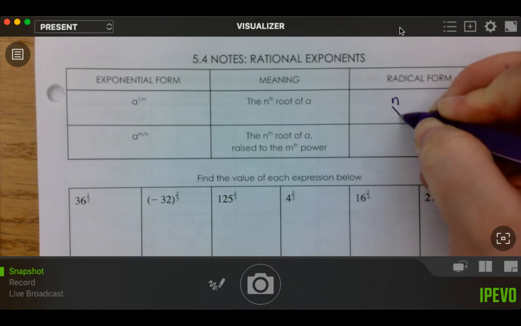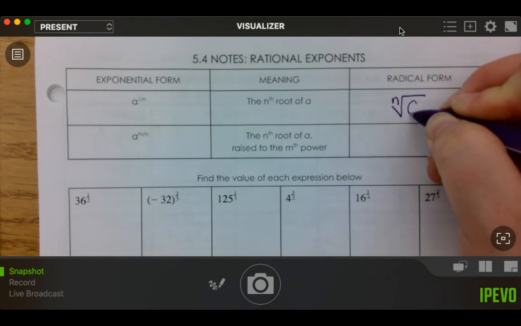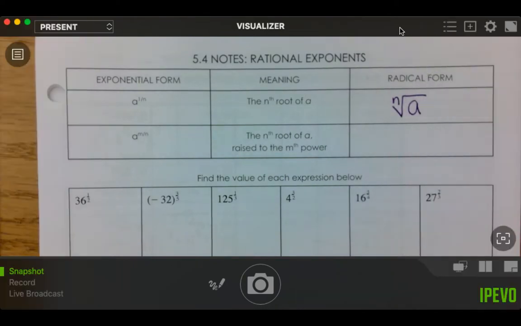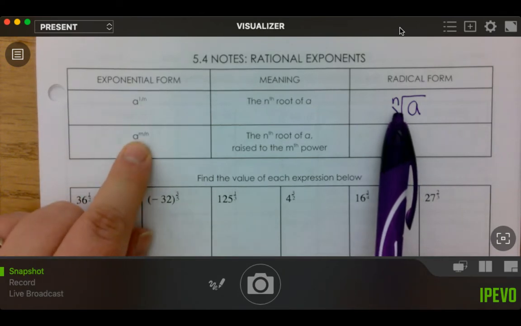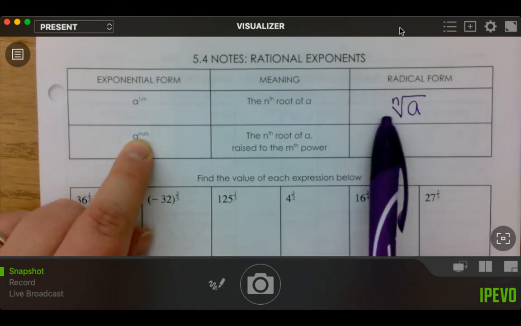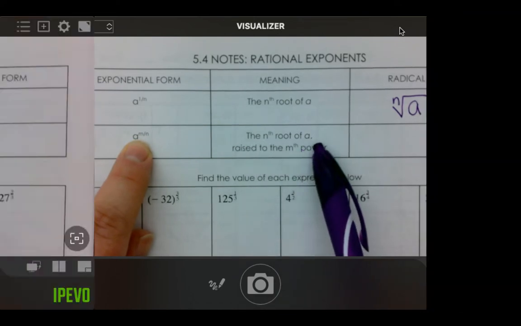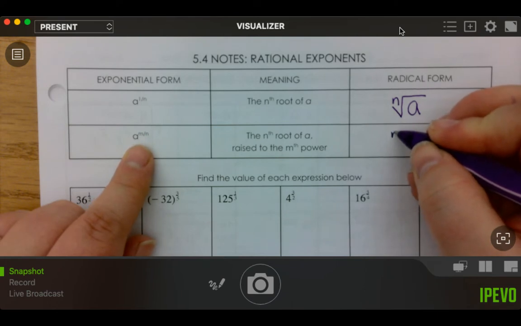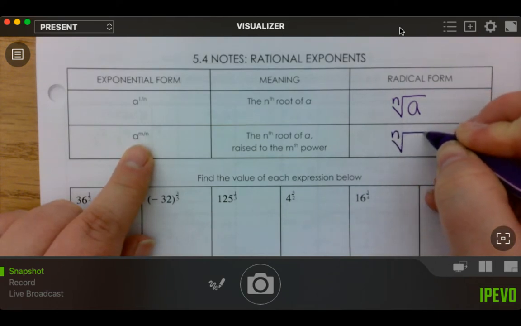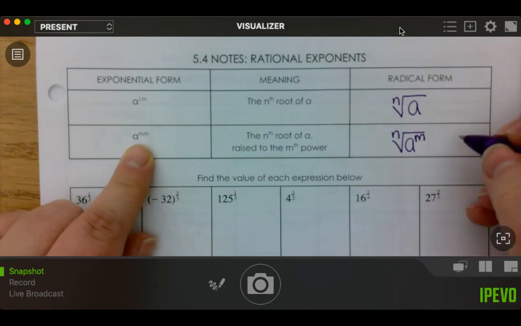We could write this in radical form like this. Radical form, shockingly enough, has to have a radical, and the root matches whatever the denominator was. If there is an extra number on top instead of a 1, then this is still the nth root of a, but it is raised to the power of m, meaning that you're either going to have an exponent of m inside, or you can have it outside.